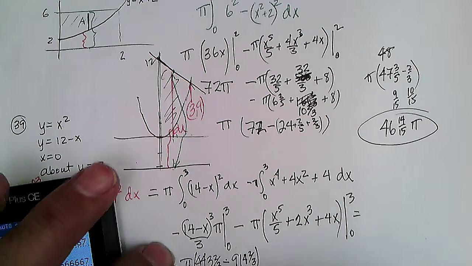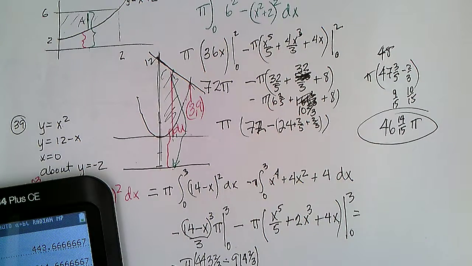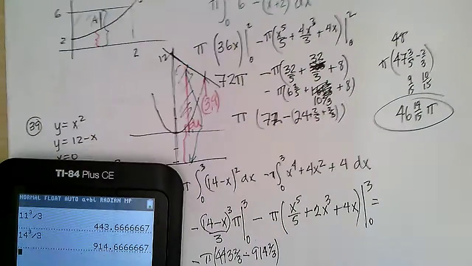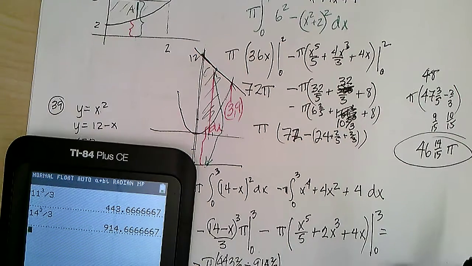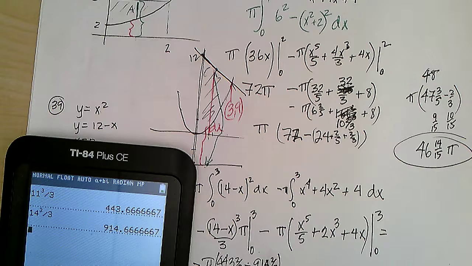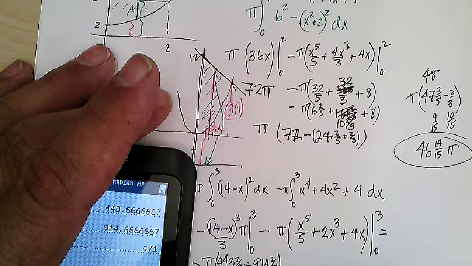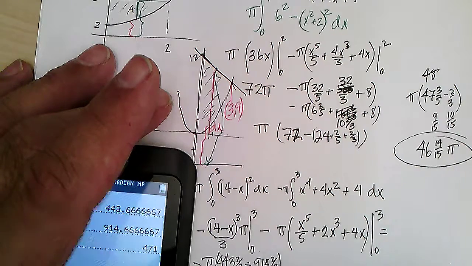And this is minus, so that would be minus this and plus this. The 2/3 are going to cancel in there. So that would be 914 minus 443. So that's 471 pi.